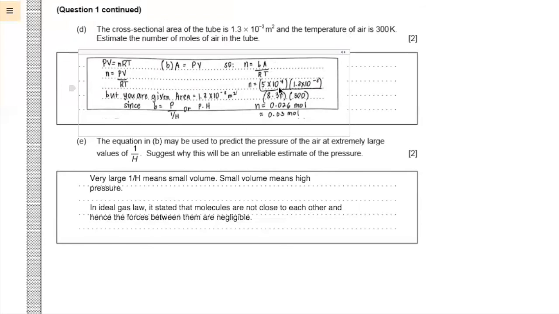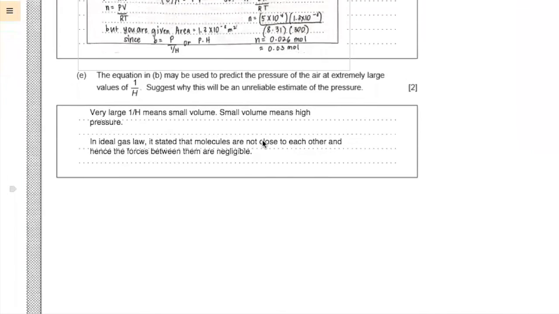So 5 times 10 to the 4th, this is what I got from the first problem, times 1.3 times 10 to the negative 3 all over 8.31 times 300. The answer is 0.026 moles, and I will use 0.03 moles because I have 300 Kelvin, which is one significant figure.